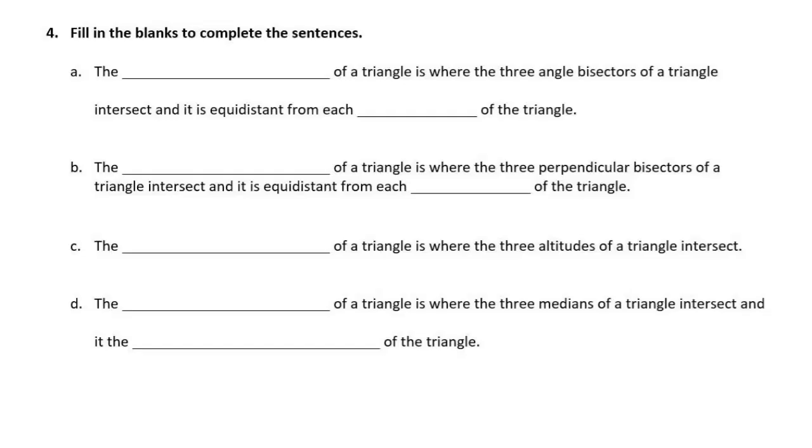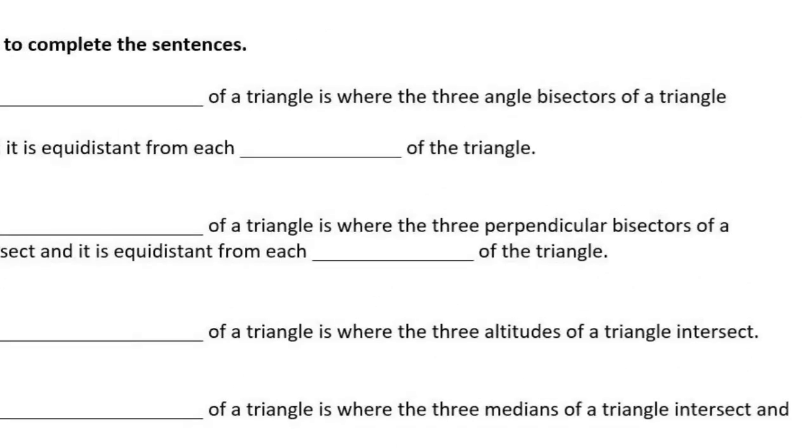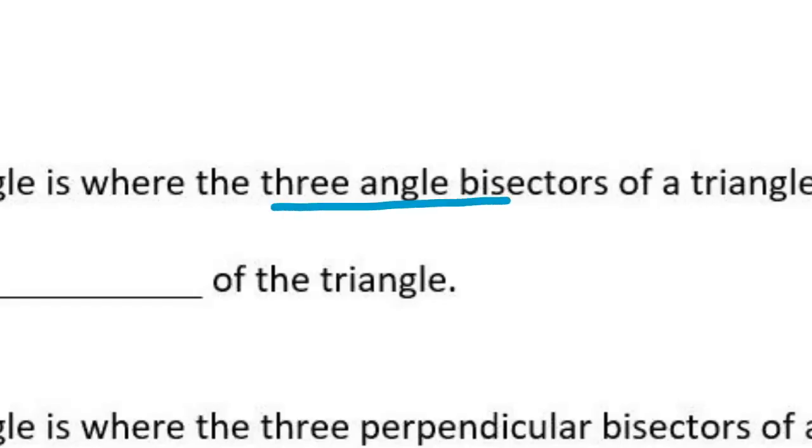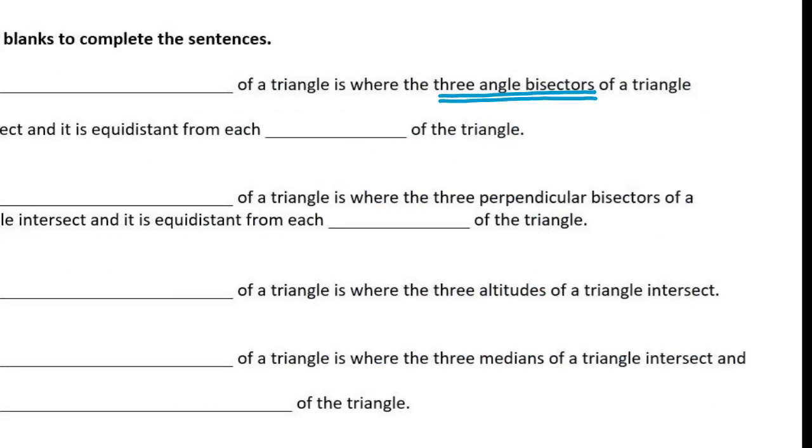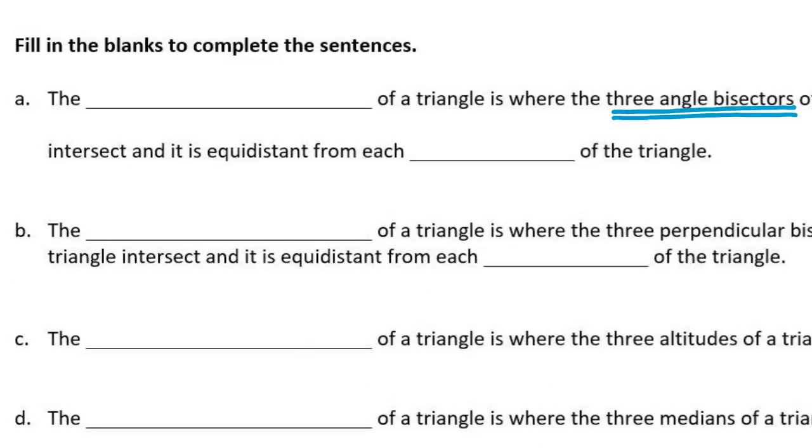All right. Number 4. The blank of a triangle is where the 3 angle bisectors of a triangle intersect, and it is equidistant from each blank of the triangle. Does anybody remember what we call it where the 3 angle bisectors come together and touch each other?